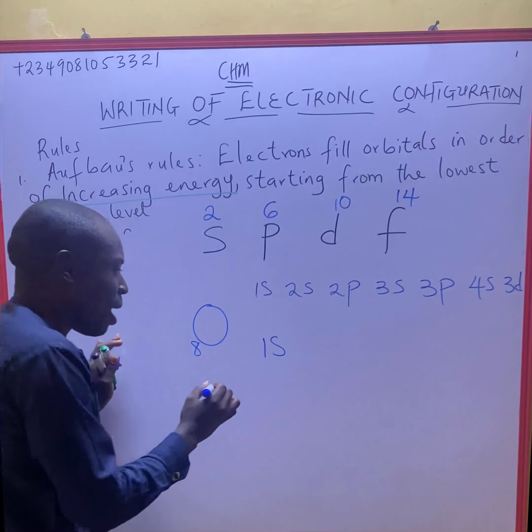Because p can carry a maximum of 6, so I cannot put 7, or put the rest here. So 2p6, 3s2, 3p6. If we do all this, it's left with 2 that is remaining, so that 2 can go into 4s2. So this is the correct electronic configuration for calcium. And that is how the pattern operates.